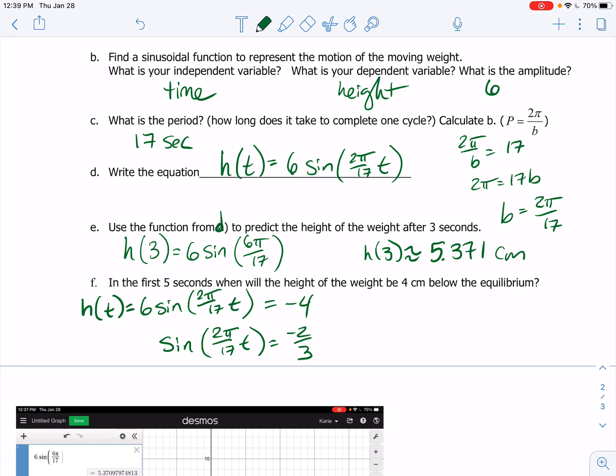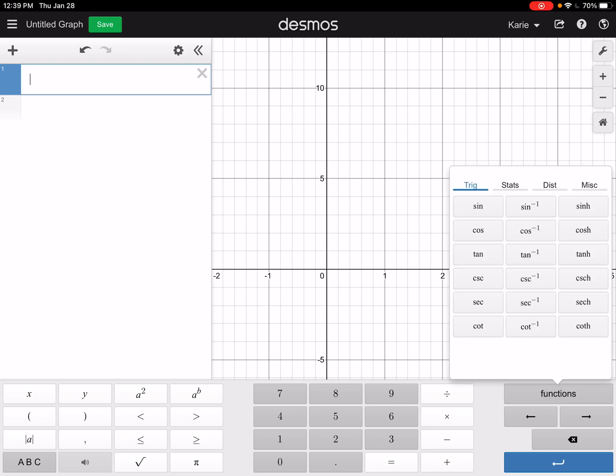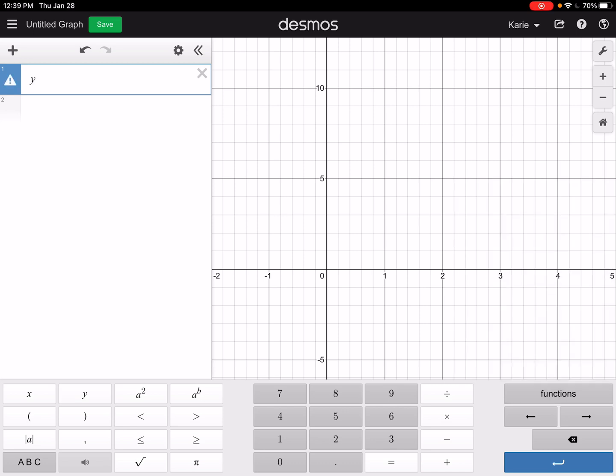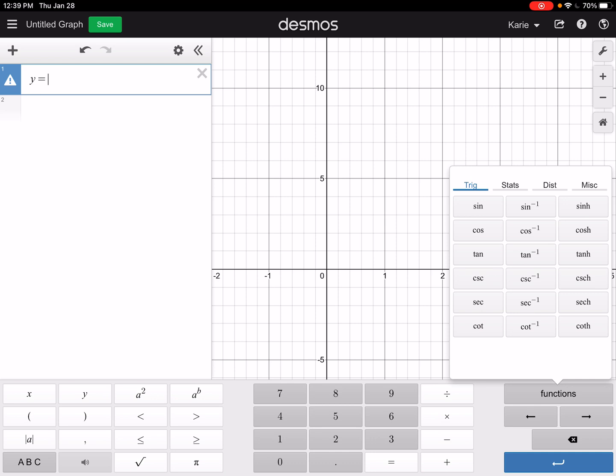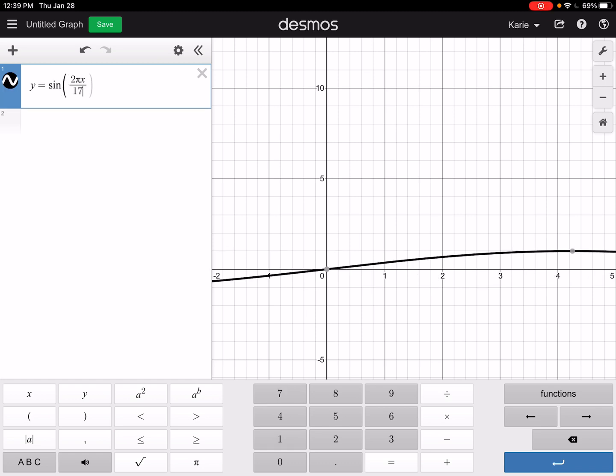So what I can do is go to Desmos, and do y equals sine of 2 pi x over 17. And then I want to know when does y equal negative 2/3.